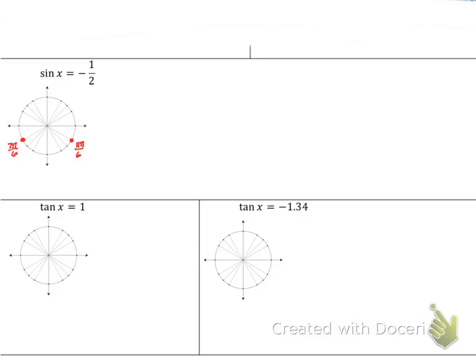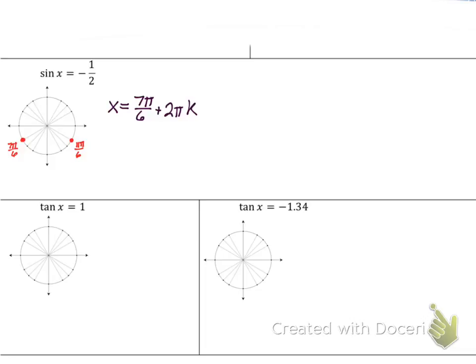We're going to say, well, I can't add just pi to it, so I'm just going to keep adding 2 pi to it. So one of our possibilities is x equals 7 pi over 6 plus 2 pi k.